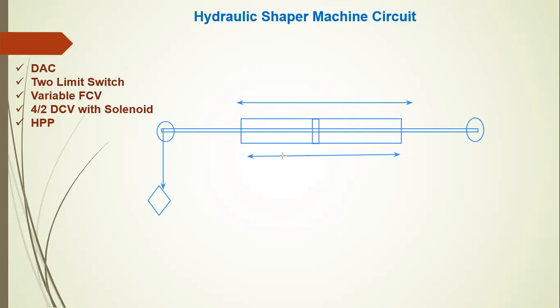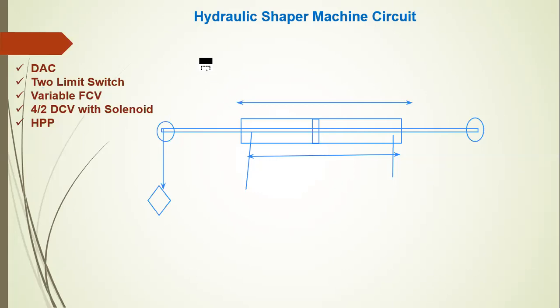Then it is operated by a hydraulic circuit: we give the connection from this double acting cylinder to a 4 by 2 direction control valve to operate it.